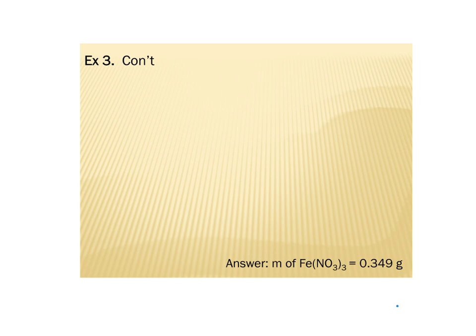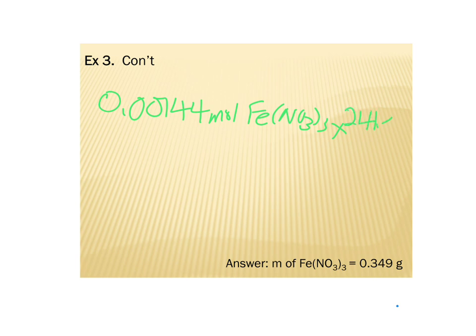From our previous slide, we had 0.0014 moles of iron nitrate. We now need to multiply by the molar mass of iron nitrate, which is 241.88 grams per mole.